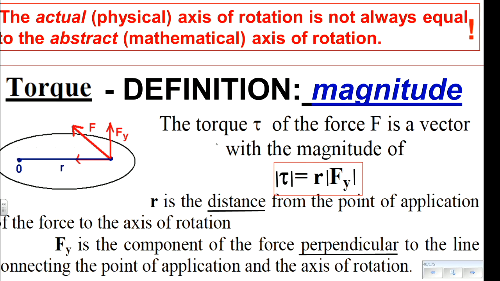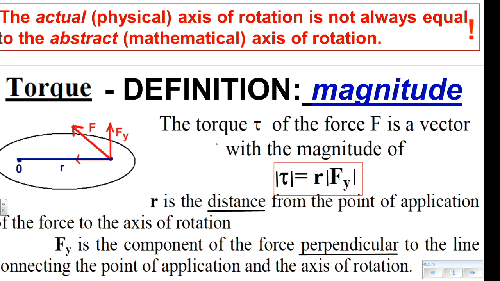But the physical axis of rotation doesn't always have to be the mathematical abstract axis of rotation. We can choose it anywhere, like we can choose the zero level anywhere. Nature doesn't care how we look at it, and choosing an axis is just our way of looking at nature. So when we choose the axis of rotation, we have to stick to that choice.